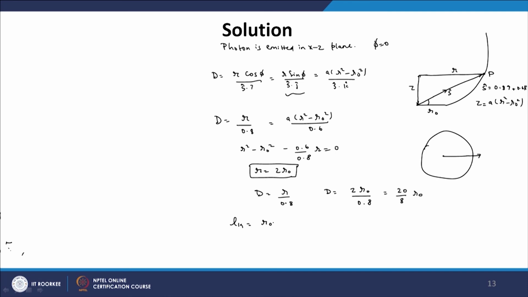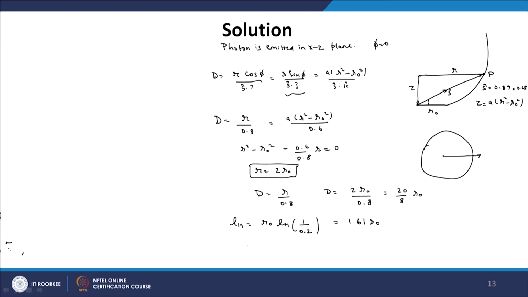So, L kappa is equal to r naught, because 1 upon kappa is r naught, ln 1 upon 0.2. So, L kappa is equal to r naught ln 1 upon 0.2, and this will be equal to 1.61 r naught.